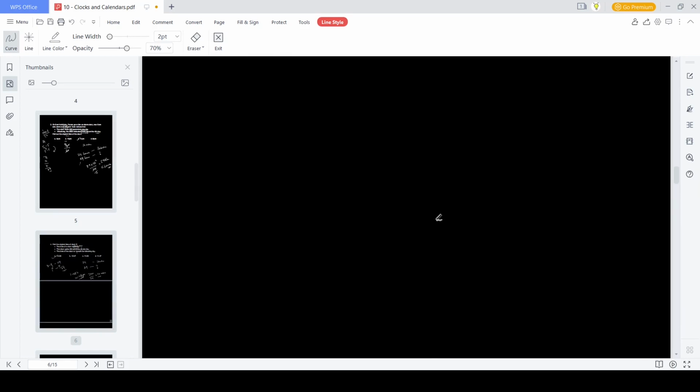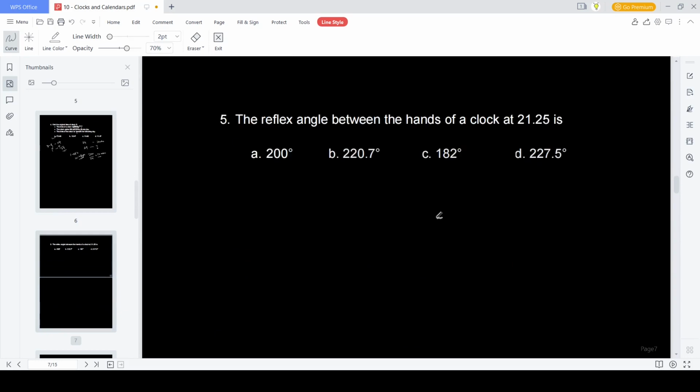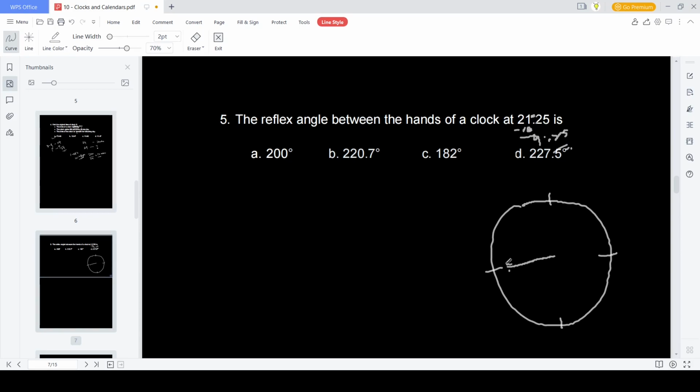Next question. The reflex angle between the hands of the clock at 21:25 is what? 21 minus 12 you have to do to convert it, so it's 9:25. The hour hand will be here, the smaller hand, and the 25 hand will be here.